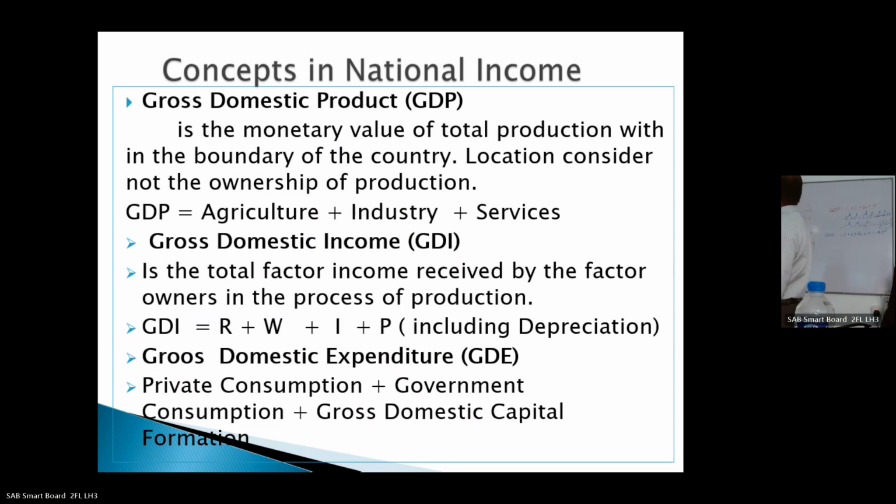As we have done in advanced level, this gross domestic capital formation has two parts: fixed capital formation and change in inventory. So that is the private investment, plus domestic fixed capital formation.